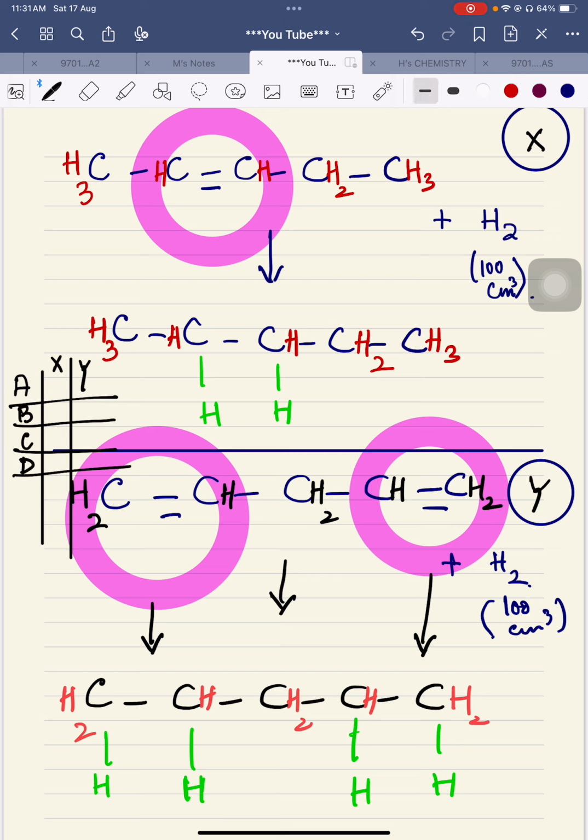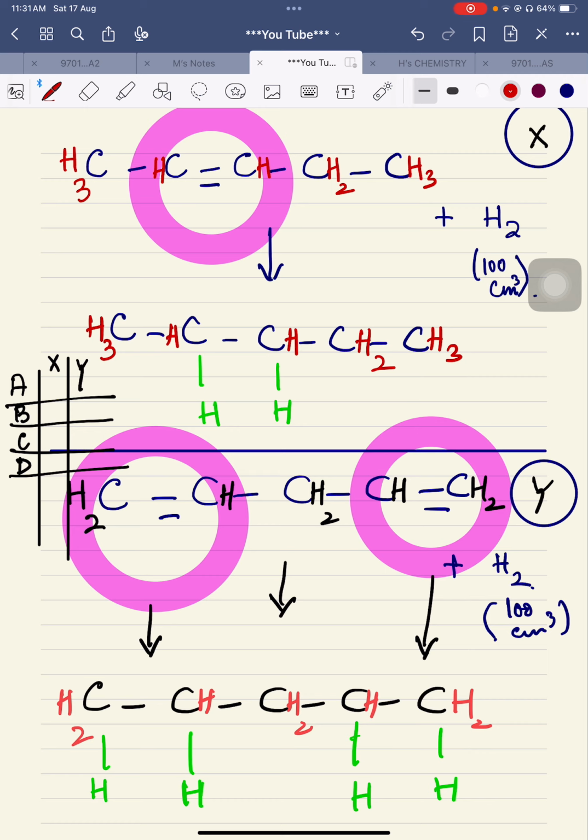The examiner is saying I have to reduce the pen size as well. I'm writing with red color now. So the examiner is saying that in option B, X will release 80 cm³, whereas Y will release 60 cm³.